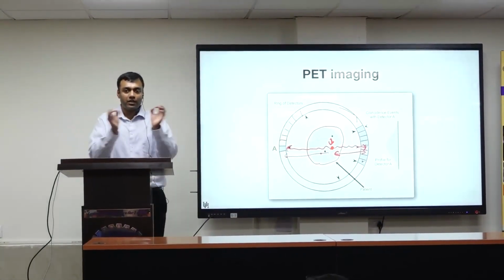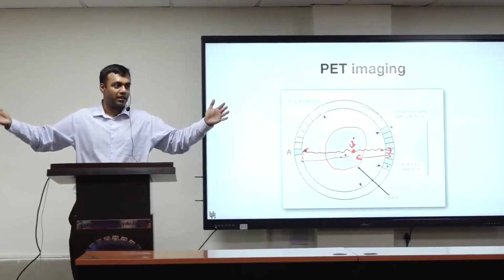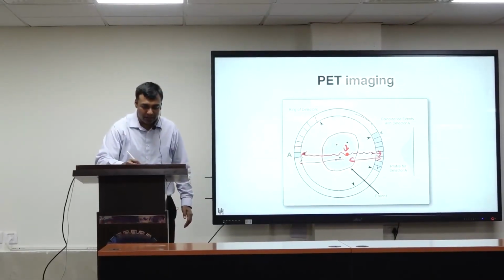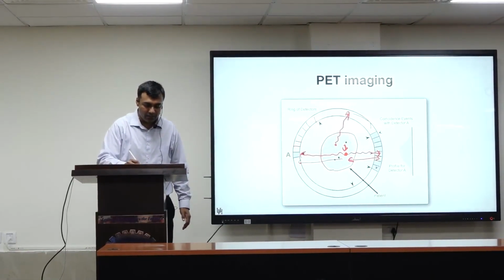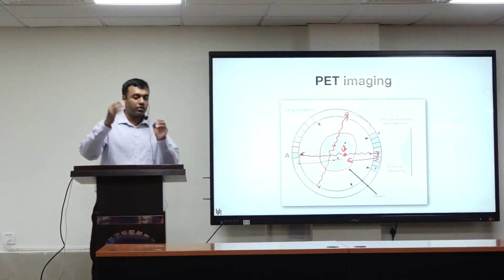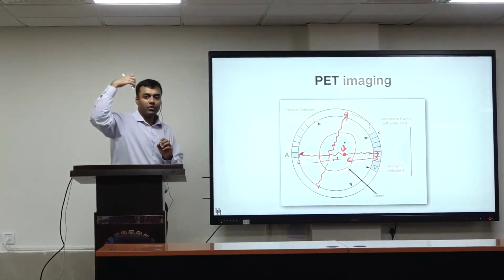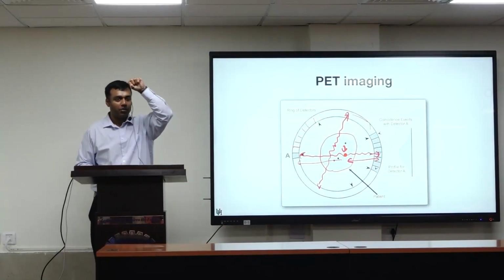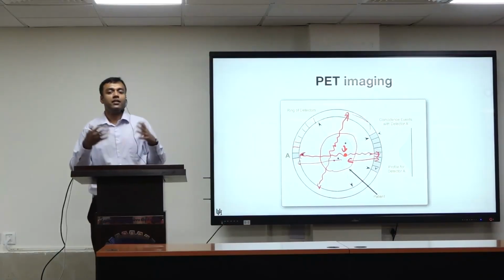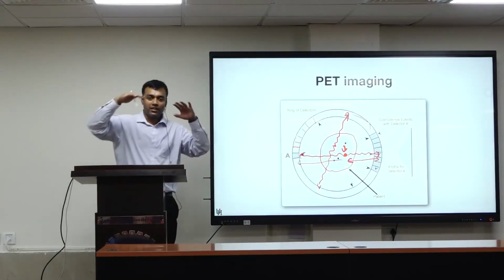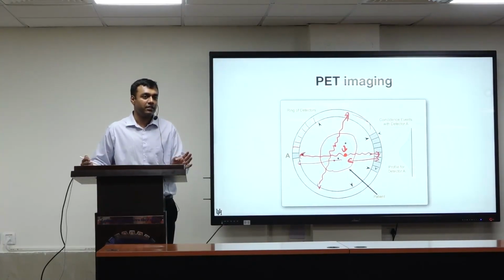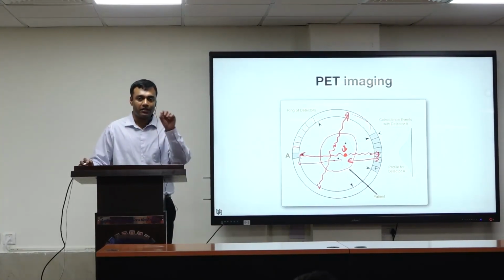Because they're in opposite directions, you know the time difference between the click on one side and the click on the other side, so you can estimate exactly where that point was emitted. That way you can construct the 3D shape of the entire object, wherever it is emitting these gamma rays.